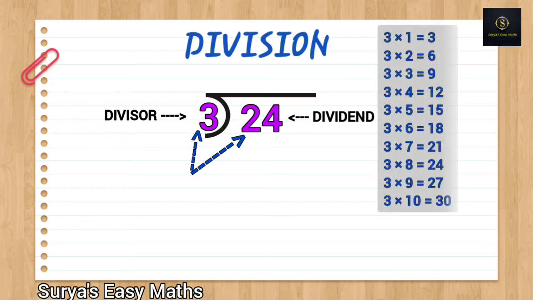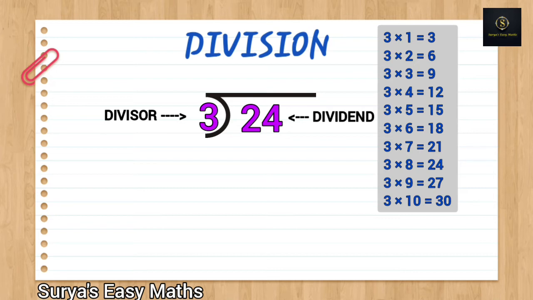Does 2 come in the table of 3? No. So now we will look at both digits together, that is 24, in the table of 3. When does 24 come in the table of 3?